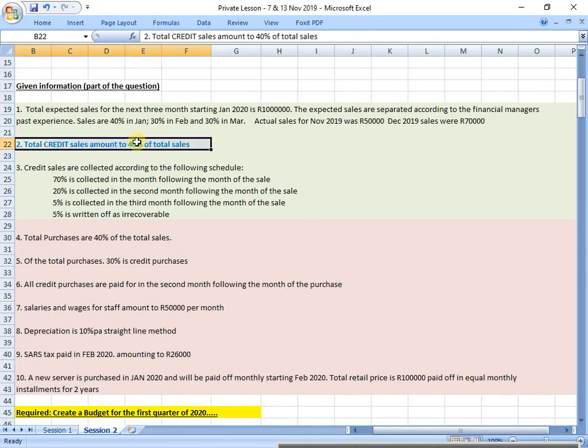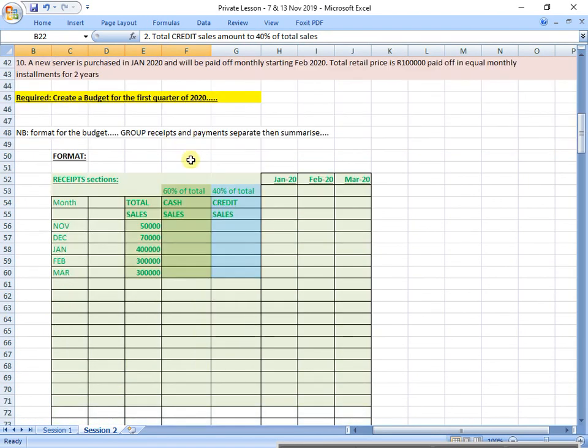Right, so total credit sales is 40% of the total sales. So where are my total sales? Here. How much is 40% of that? There. 40% of the total. 40% of this, 28,000.